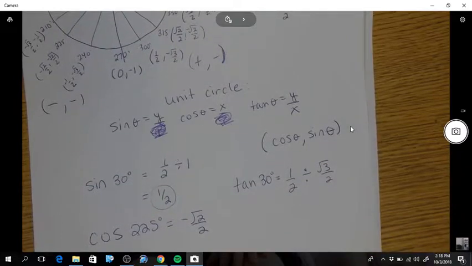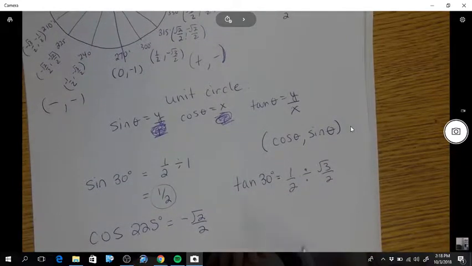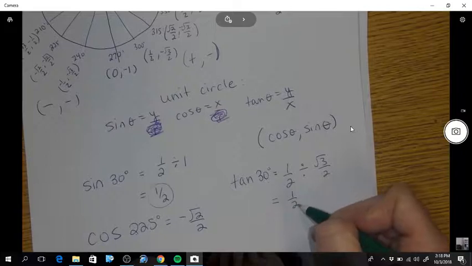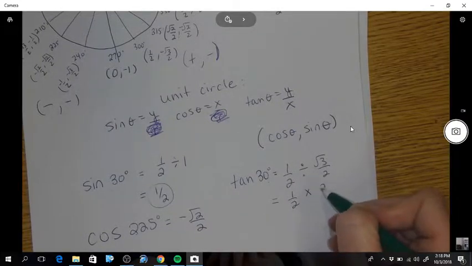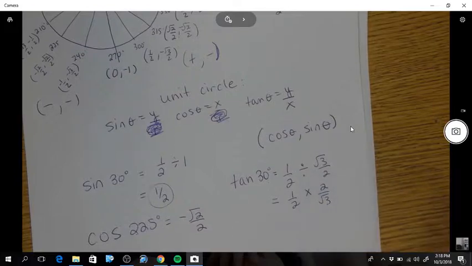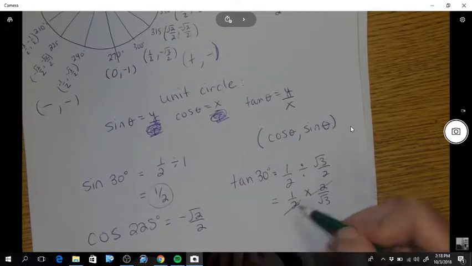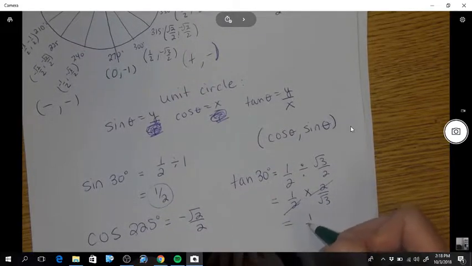Okay, so this one's not as simple because I'm not dividing by 1. So what do you know? Dividing by fractions, you actually can multiply and reciprocate. A 2 on the top and bottom cancel, and I get 1 over root 3.